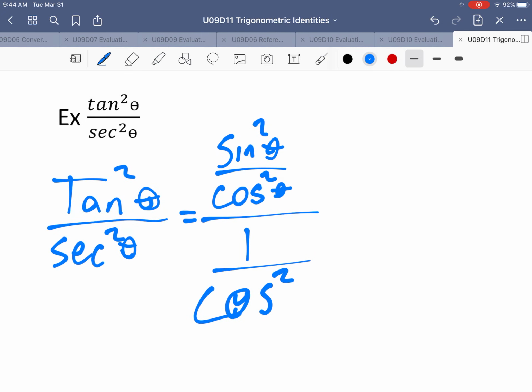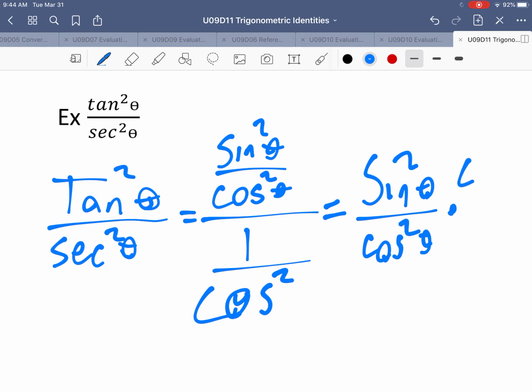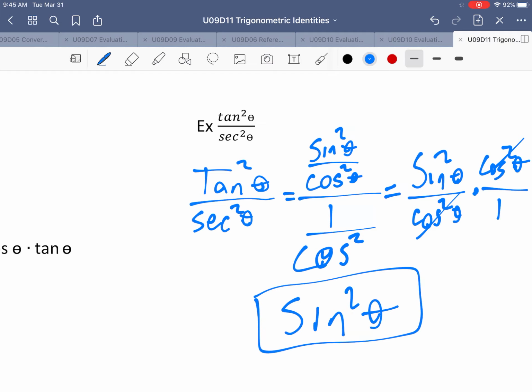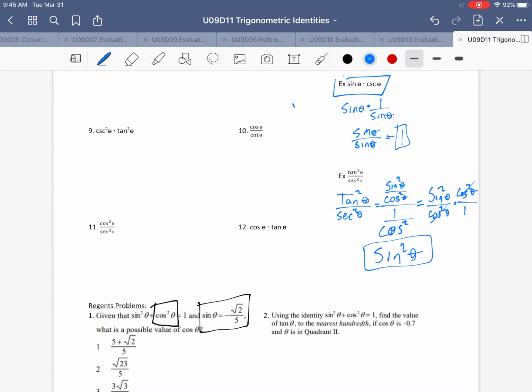This is a division of two fractions, so I can rewrite that using keep change flip. So we'll have sine squared theta over cosine squared theta times cosine squared theta over 1. The cosines cancel out, and I'm left with sine squared theta. So that would be a single expression.